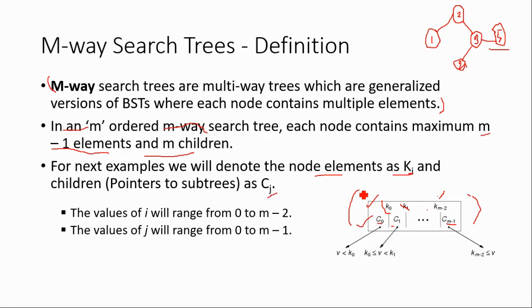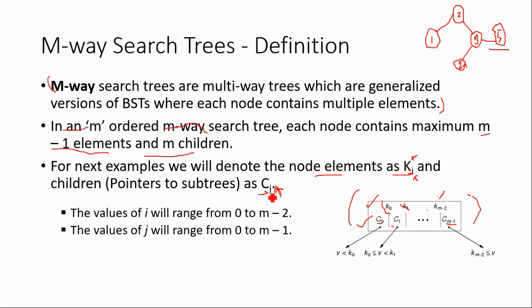Now Ki will mean a particular node element and Cj will represent a particular child. So i will represent some number, and that will be based on how many elements we will have in a node, and j will depend on how many children we will have.